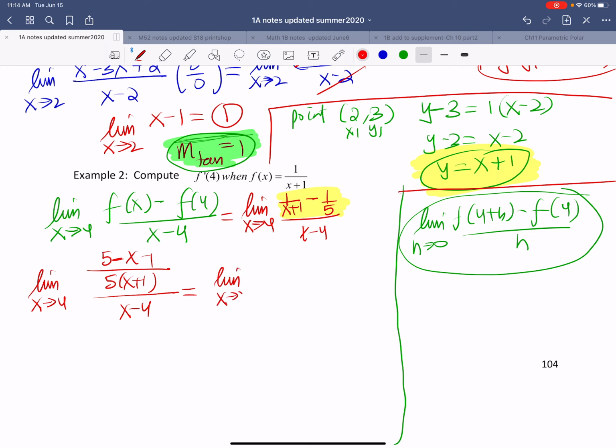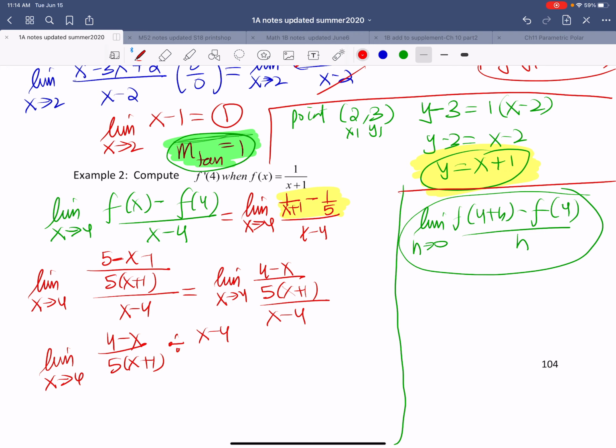So we would get 5 minus x minus 1, that would be 4 minus x, over 5 times x plus 1, divided by x minus 4.